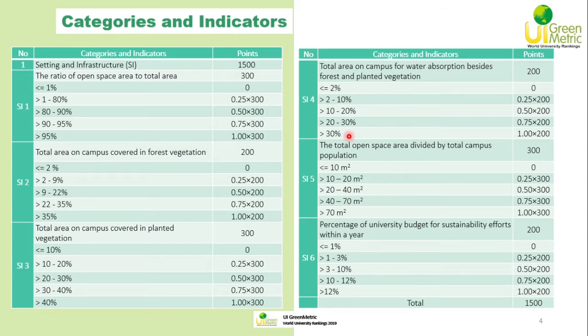The last criterion in the first category of setting and infrastructure is budget, which requires that you set aside 12% of your university budget allocated for sustainability efforts. So this is criterion 6 for setting and infrastructure. The criteria I pointed out above are, of course, for the highest scores.